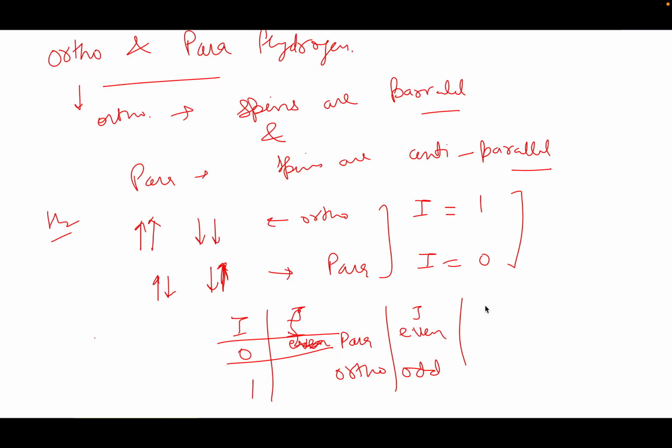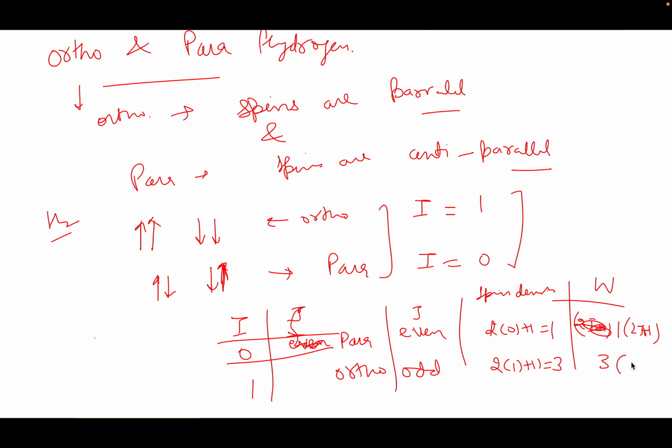The spin degeneracy will be 2I plus 1, that is 2 times 0 plus 1 equals 1, and 2 times 1 plus 1 equals 3. The weight of distribution is 2I plus 1, so it is 1 into (2J plus 1) for para, and 3 into (2J plus 1) for ortho. So the weightage of para and ortho is in the ratio 1:3.